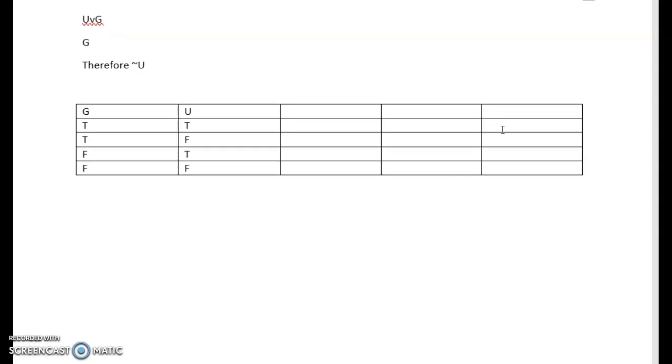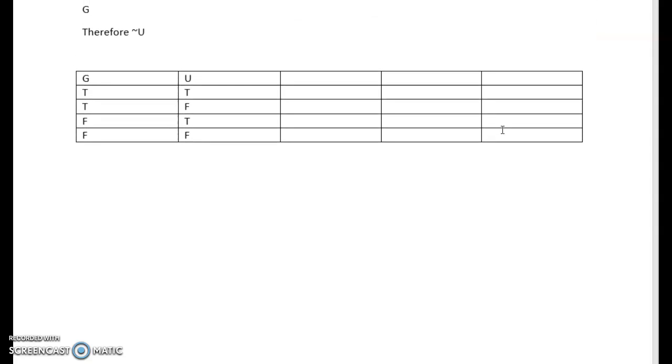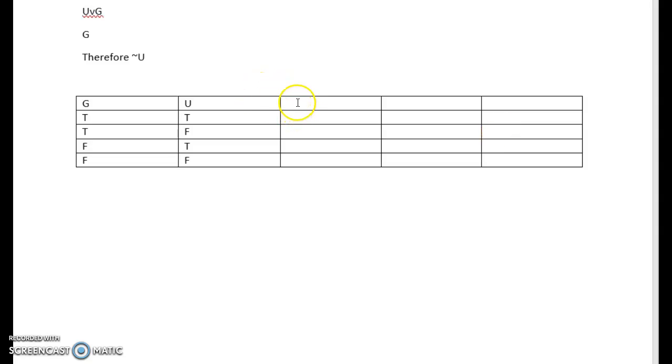Now let's go to the next one, U or G. And here we're going to want to do the same thing, right? We're going to want to spell it out. So here it's true in these cases, false here.